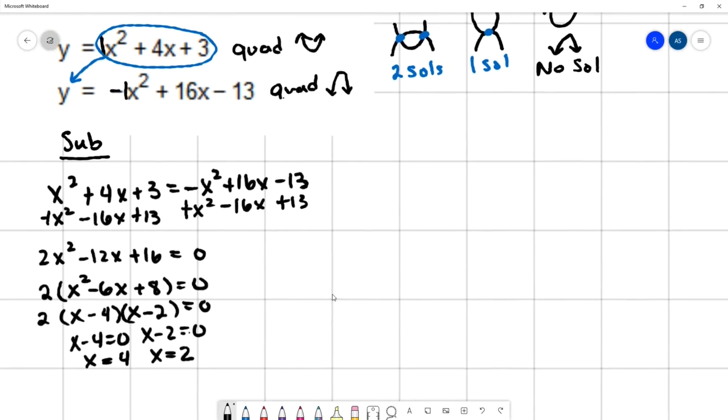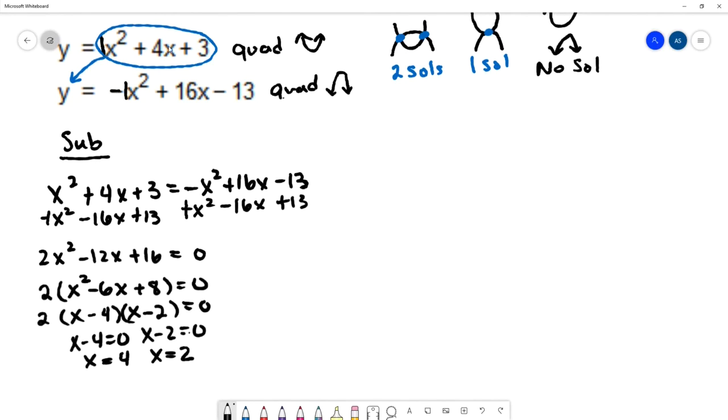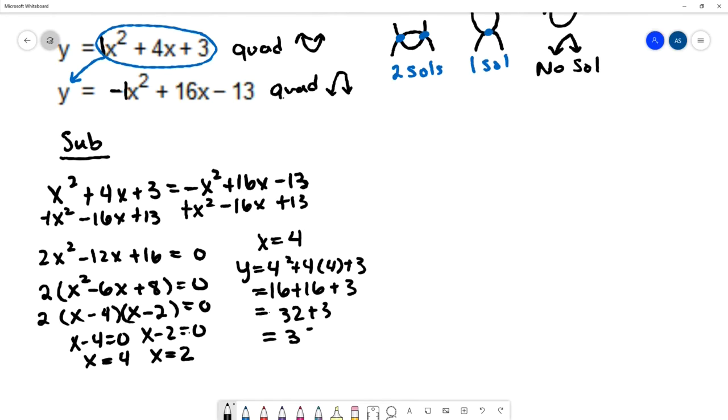So this gives us our x coordinates, and we're going to substitute in to get our y coordinates. So if x is equal to 4, y is 4 squared plus 4 times 4 plus 3. 4 squared is 16. 4 times 4 is 16 plus 3. So 16 plus 16 would be 32 plus 3. That's 35.